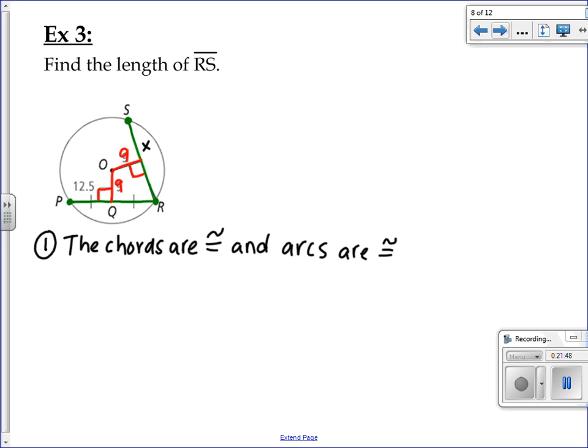So let's take a look at what we have here. My chords are going to be congruent. So if I take a look at my first chord, PR, I see that it's being split in half here. One half is 12 and a half. So the other half is going to be 12 and a half. So the total is going to be 25. So that's also going to be the length of SR, which is exactly what we're looking for. So that's our answer.